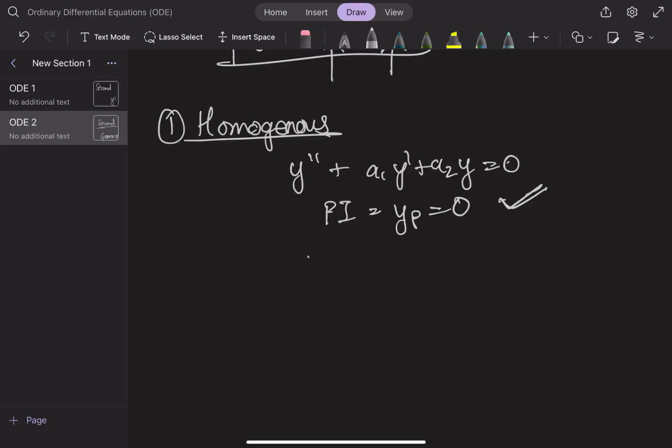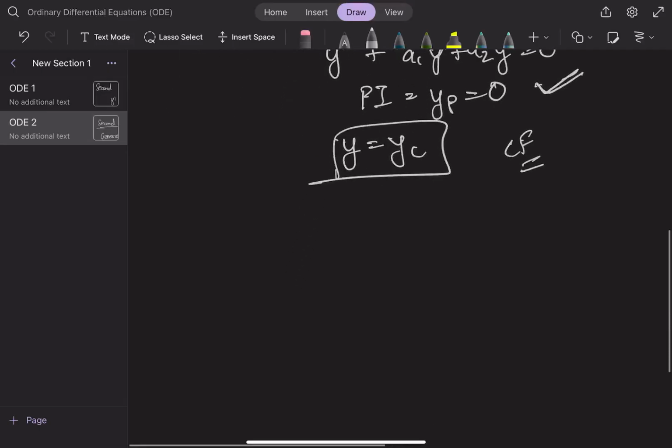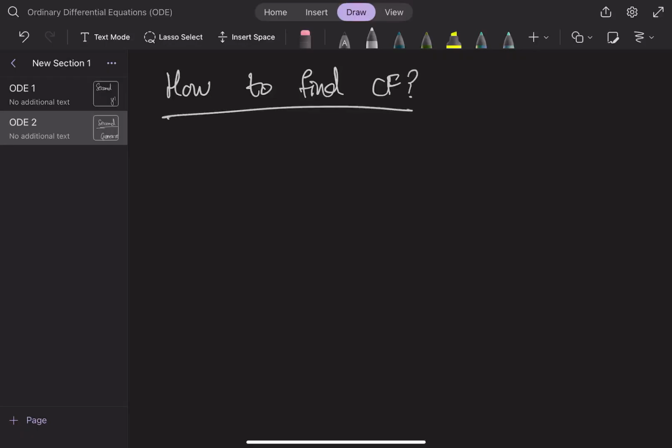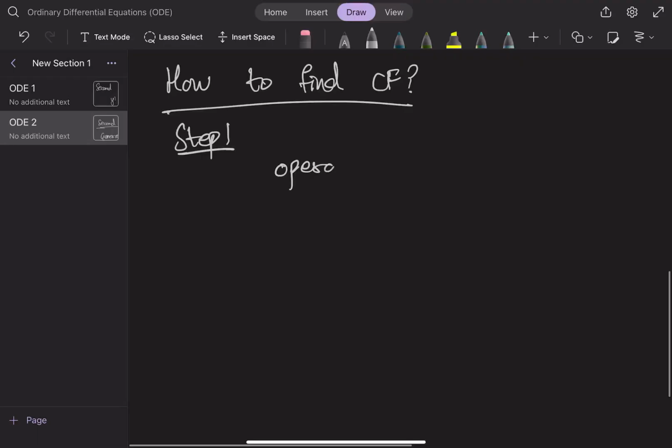So your solution basically becomes y is equal to yc, which means all you need to do is find the CF. So now what is the method to find your CF? How to find CF? So we're going to be following 3 steps. So write these down. Step 1 is we'll write our equation in operator form.